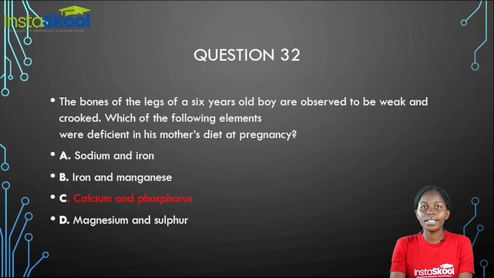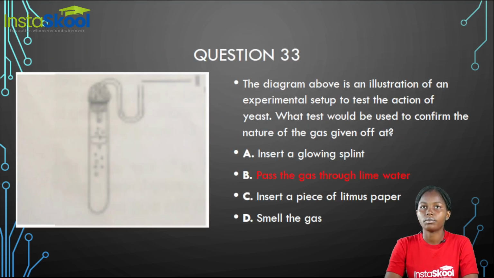So we can rightly say that the mother's diet at pregnancy, that is, the mother of the boy whose bones are weak, the mother's diet was deficient of calcium and phosphorus. This is what led to the weakness of the boy's bone.